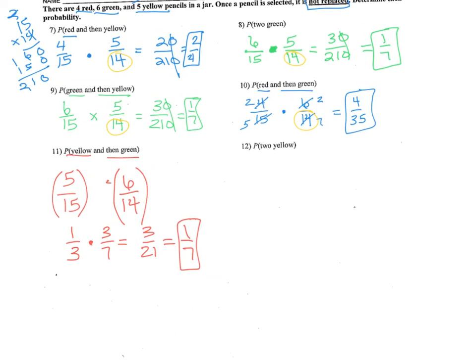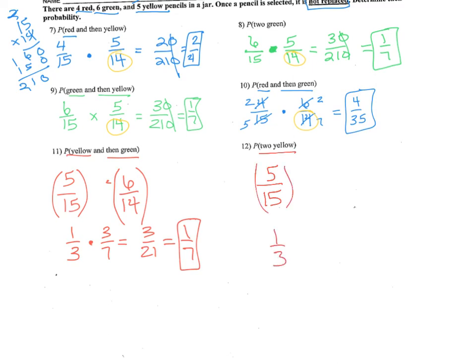Okay, last one, the probability of 2 yellows. In this case, not only is the denominator, the total number, going to decrease, but also our top, because we're trying to pull the same color. So the first time we do it, we've got 15 pencils total. How many yellow? 5 over 15, or 1/3.